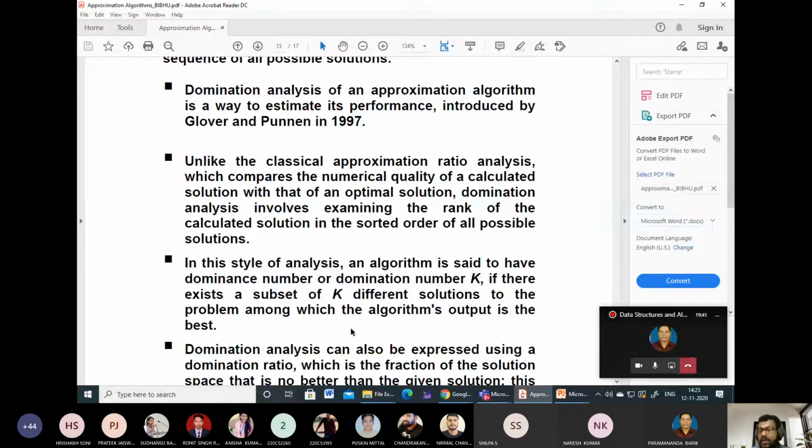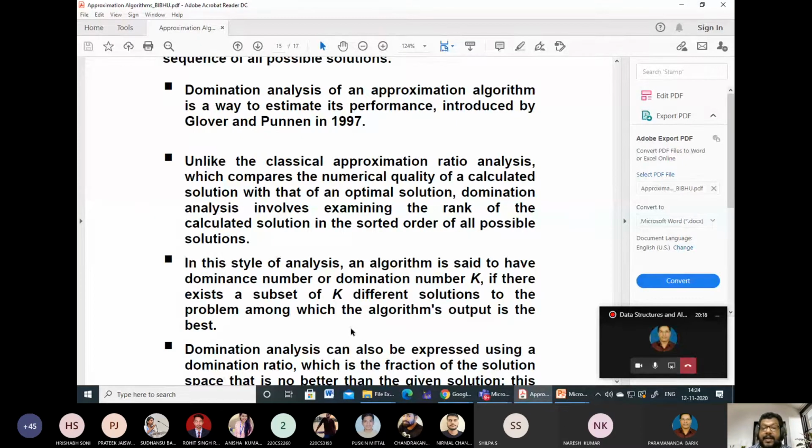For this algorithm the value of k is 2, and for the other approximation algorithm, the value of k is also 2. So for two algorithms there is a similar k value. So when we try to group those algorithms, we can attach them in terms of a k value.